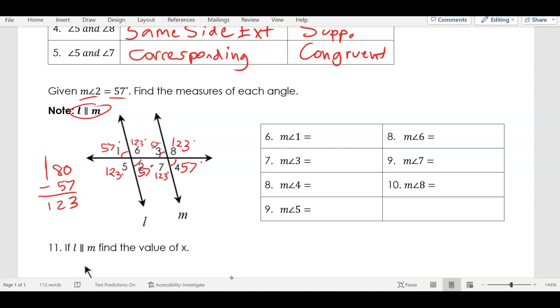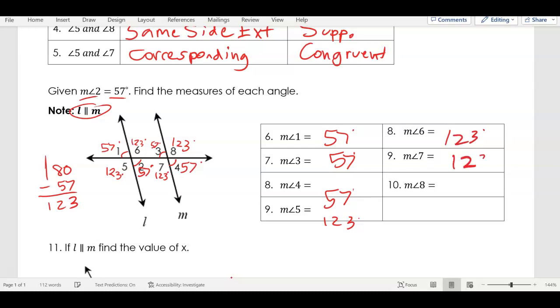Once you have this labeled, this is going to be super easy over here, right? Cool.